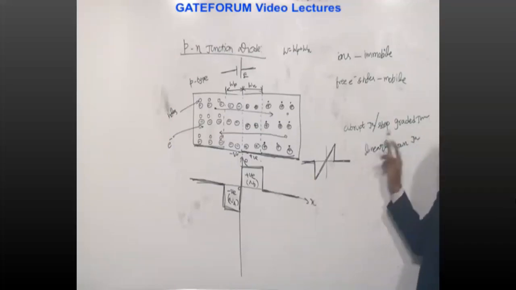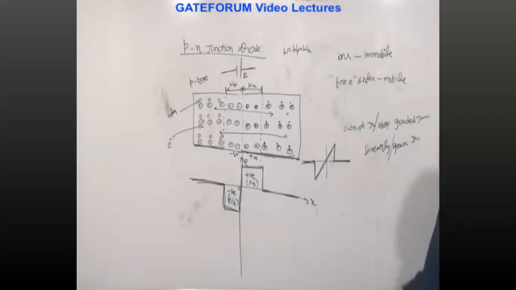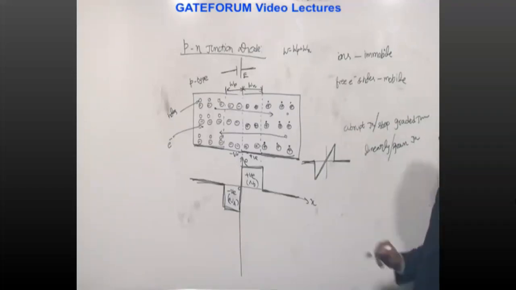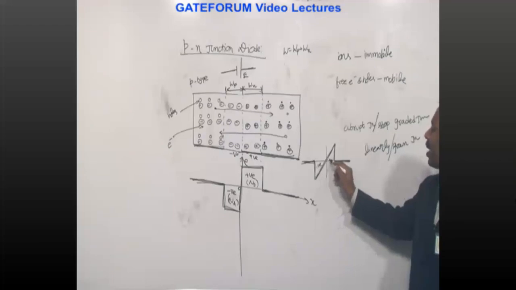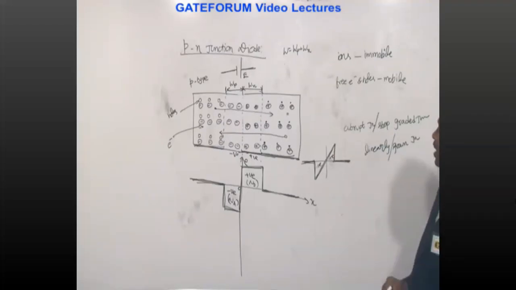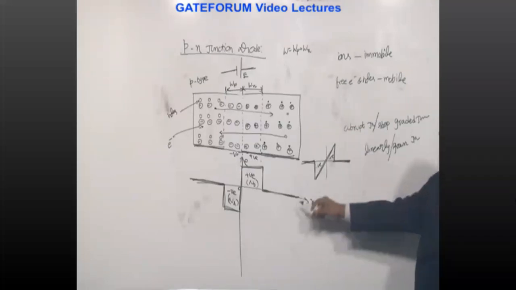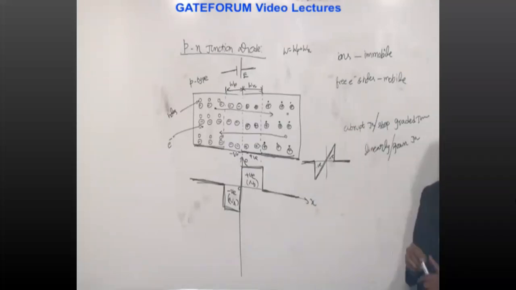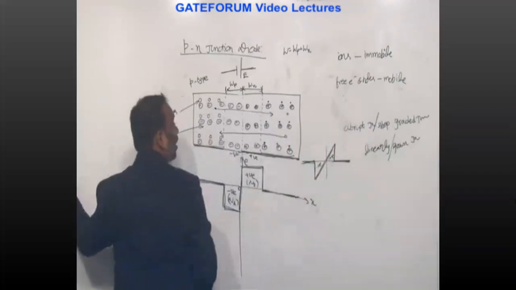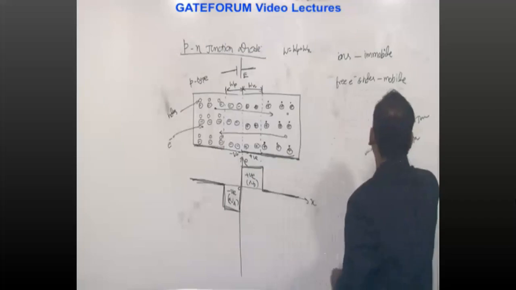That type is called abrupt junction or step graded junction. This is called linear junction or grown junction. It's linearly increasing. Once again here it's negative charge, here you will have a positive charge, neutral, neutral. Most of the cases we are using the abrupt junction only, that's why by default assume it as an abrupt junction.